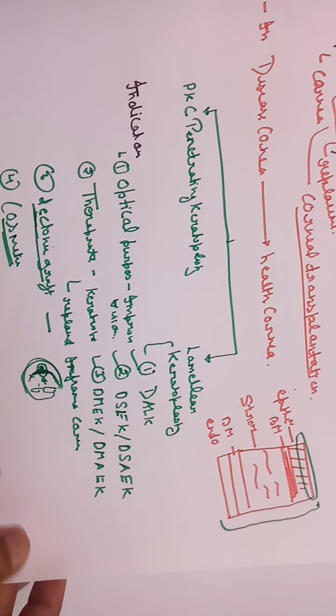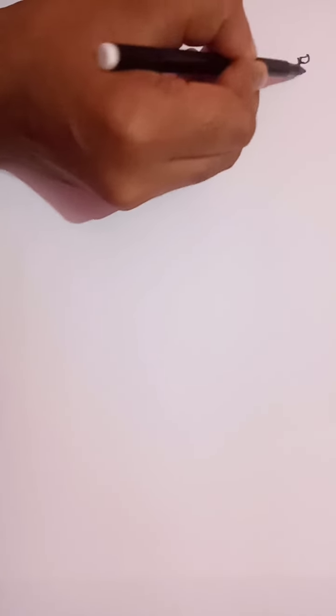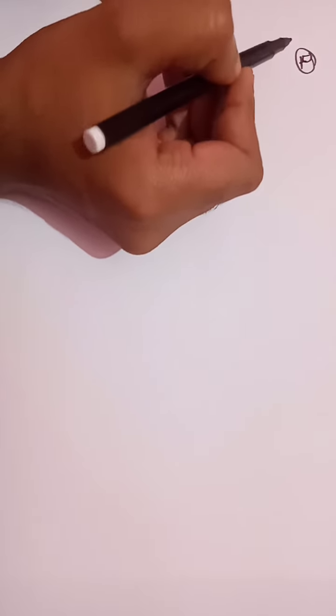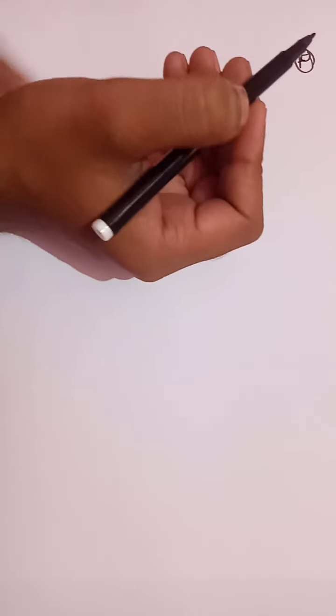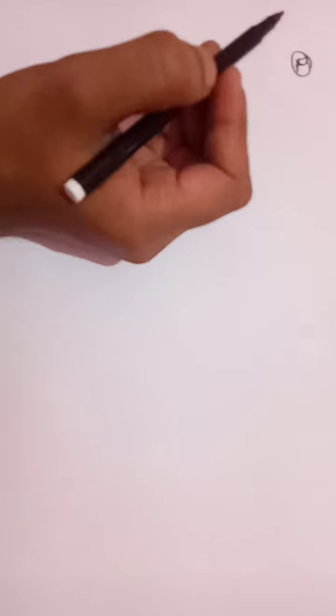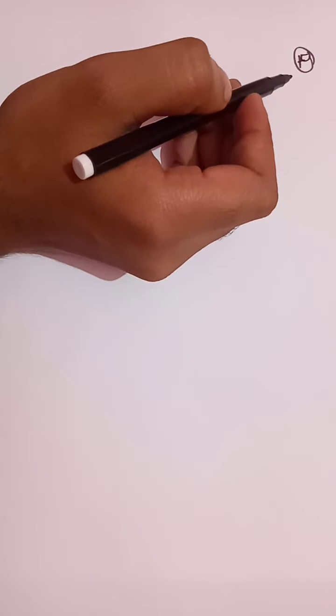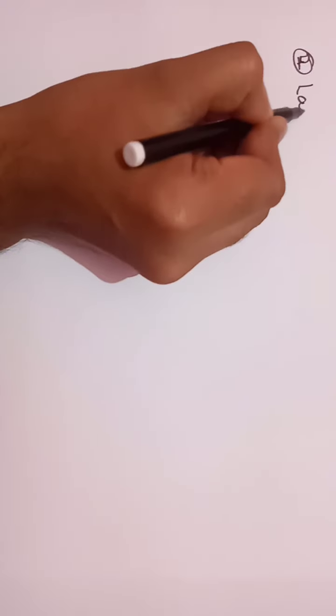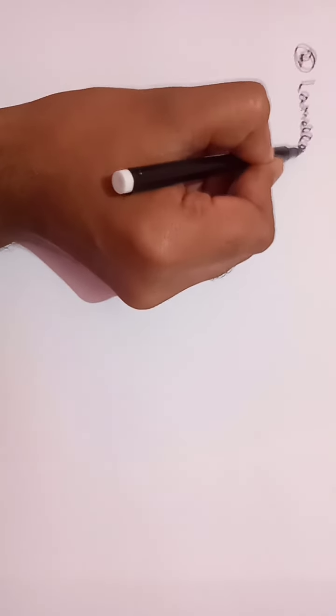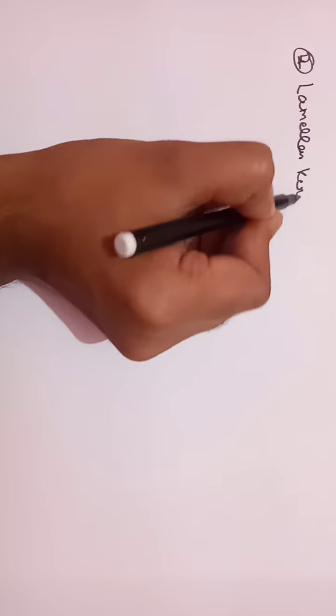So now we will discuss in detail the terms PK and laminar keratoplasty. PK, in which we replace the full cornea, is also known as full thickness grafting. Second is laminar keratoplasty.